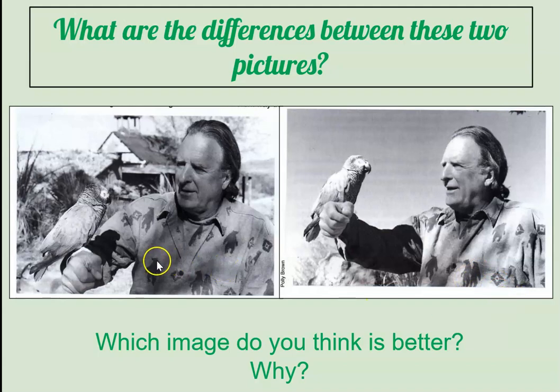However, the picture on the left is pretty cluttered. We have this building in the background, whether it is a shed or a barn, I'm not sure, but there's some sort of structure in the background. We have all these leaves and plants and stuff in the background as well. What happens is this is cluttering up the picture.